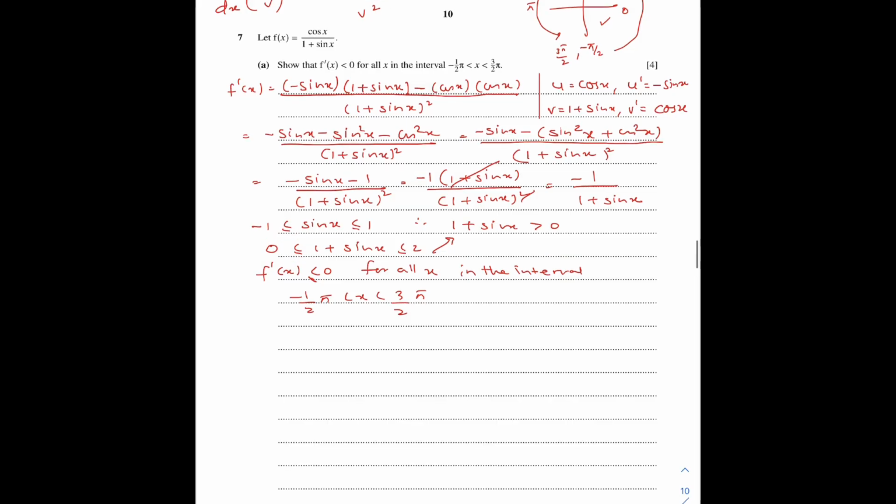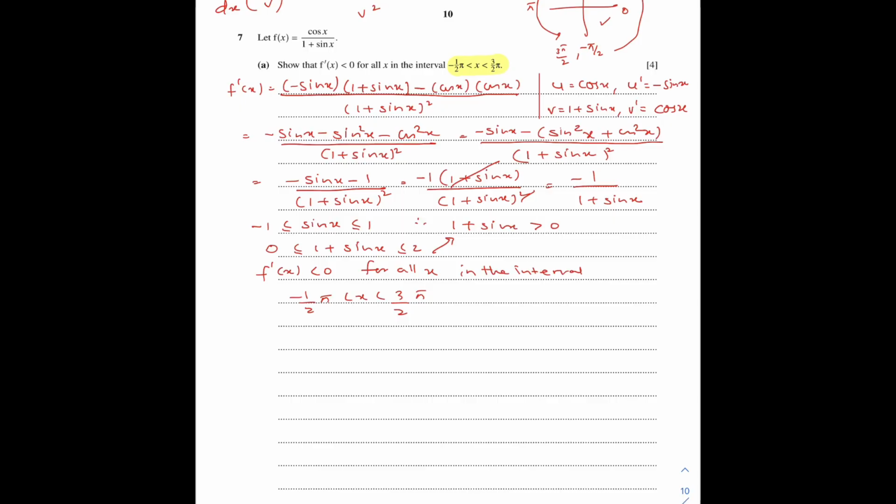negative half pi less than x less than 3 over 2 pi. Now why did I not include less than or equal to 0 here? Because I got less than or equal to 0. But if you notice, that's negative half pi less than x less than 3 over 2 pi, right?